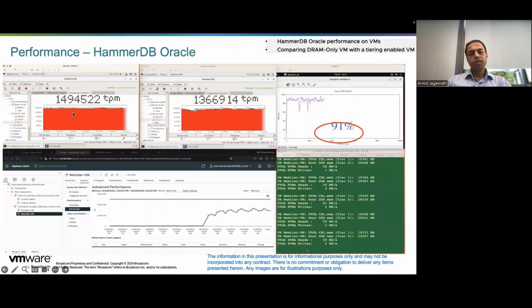When we run these two VMs side by side and calculate the ratio of the performance, we see that the performance is within 10%. That's really beneficial to our customers because, like I said before, performance is a very critical goal for VMware.